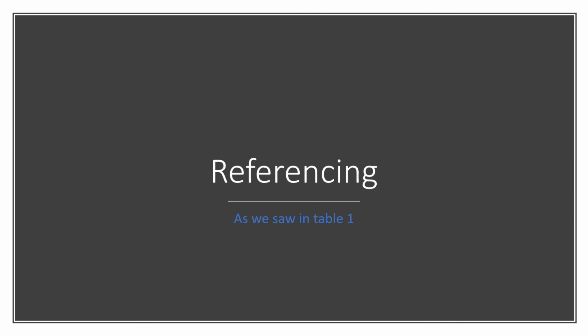Thus, by putting in the captions, you can say, as we saw in table number 2. Then I clearly know what you're referring to, and you do as well. So, remember to reference.